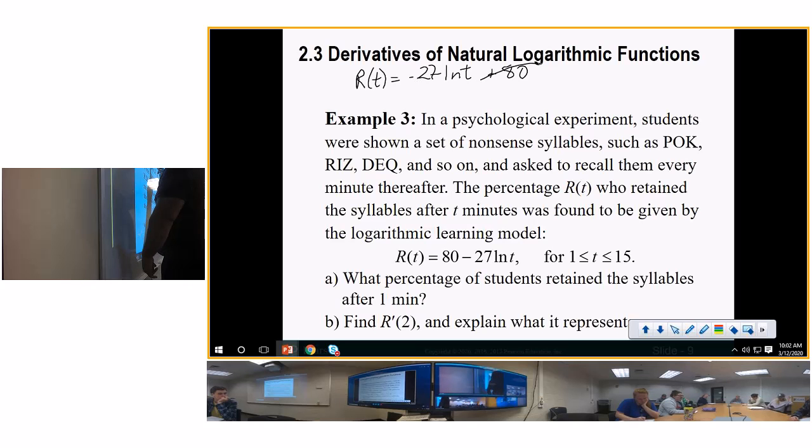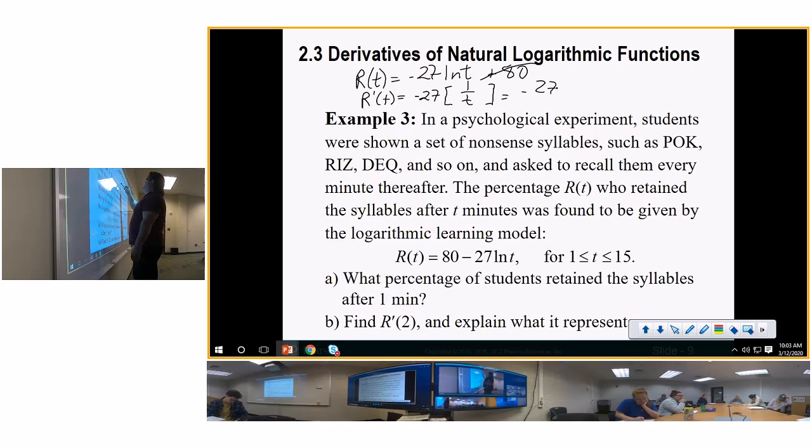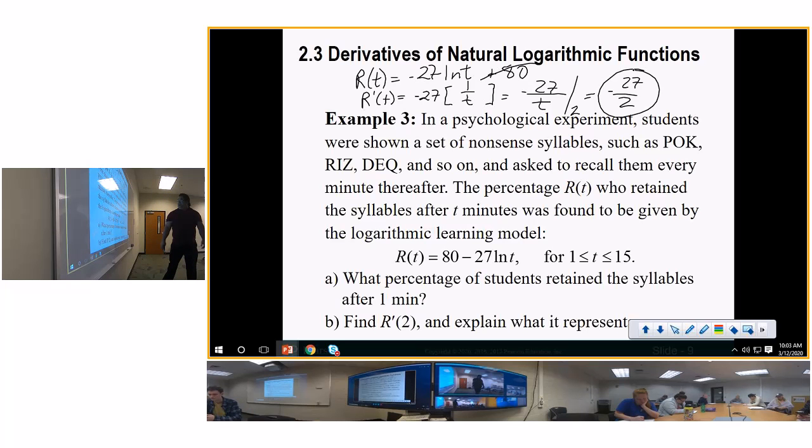So that only leaves this right here. So R prime of T is going to equal negative 27. I'm going to pull that out. And what's the derivative of the natural log of T? 1 over what? T. So that's going to be negative 27 over T. And somebody plug in 2 for me. And that's going to be negative 27 over 2. I don't know what they want, but that's the answer.